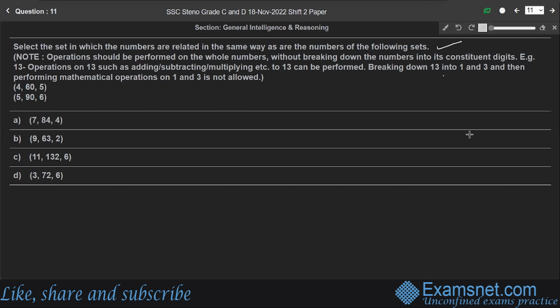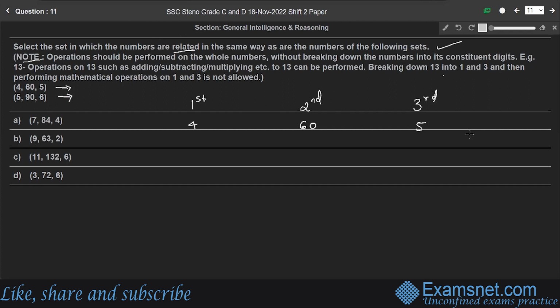Question number 11. Select the set in which the numbers are related in the same way as are the numbers of the following sets. Note that operations should be performed on the whole numbers. So here we have two sets. We'll consider first, second and third numbers separately. First number is 4 in the first set, second number is 60, whereas third number is 5.